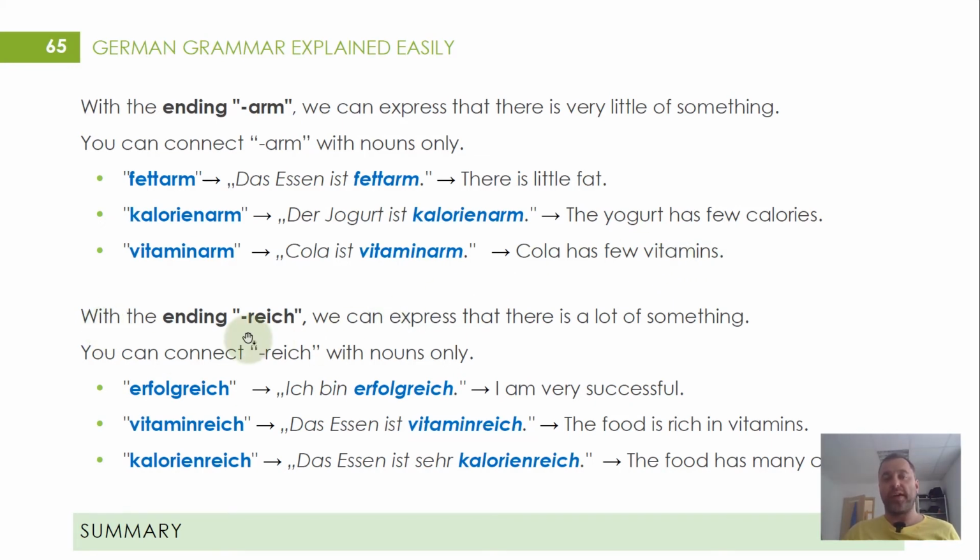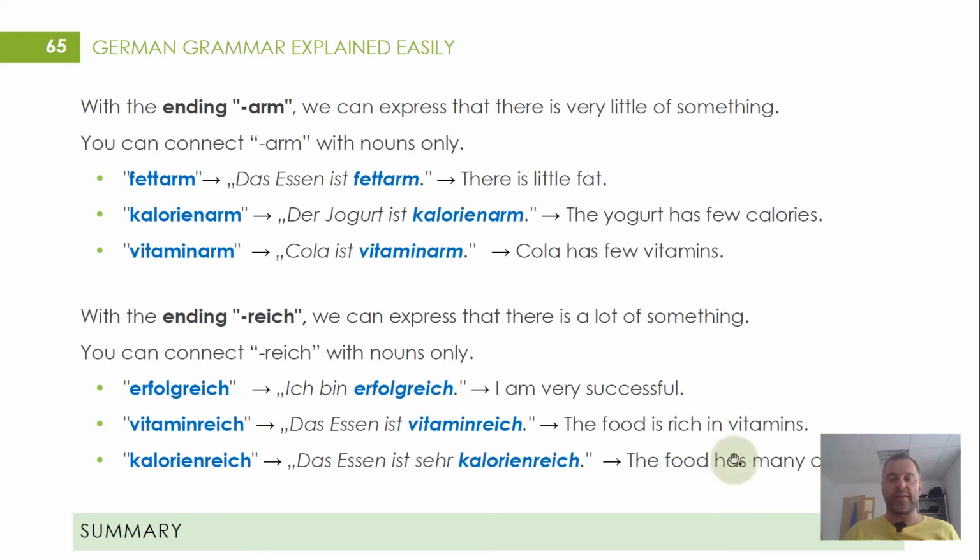And we also have the opposite, that's the ending reich. Here we express that there's a lot of something. And for example, erfolgreich, ich bin erfolgreich, I'm very successful. So it comes from Erfolg, success, successful, erfolgreich, a lot of success. Vitaminreich, das Essen ist vitaminreich, so the food is rich in vitamins.